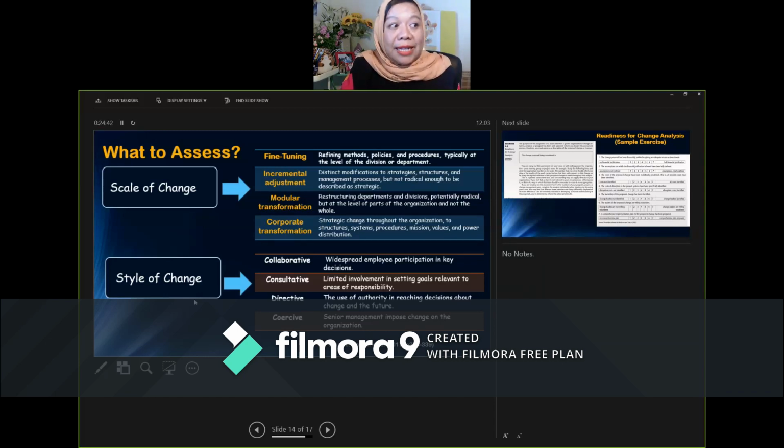And then style of change. The style of change reflects very well on leaders and how they engage the employees: collaborative, consultative, directive, coercive, where you force everyone, so senior management imposes change on the organization. As a change management student, you don't see it as wrong or right.